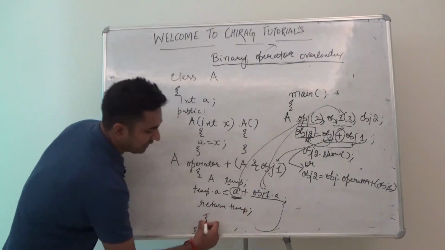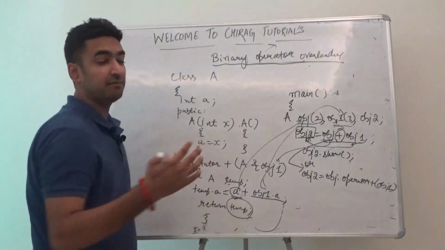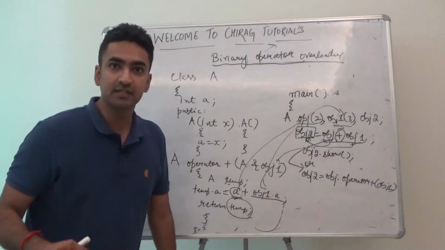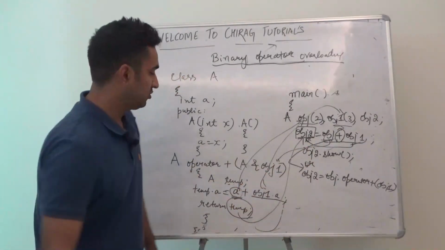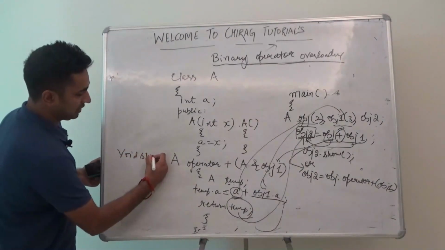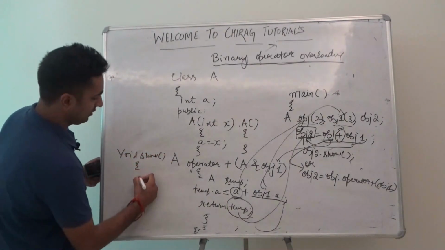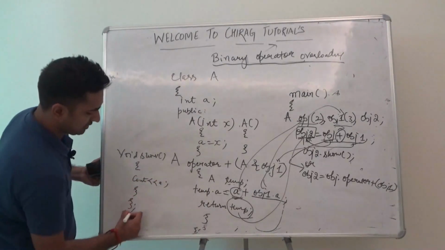Now guys, see, if I am going to return this temp, it means the object temp is returned to obj2. And we have a function void show, which is showing the value of a.